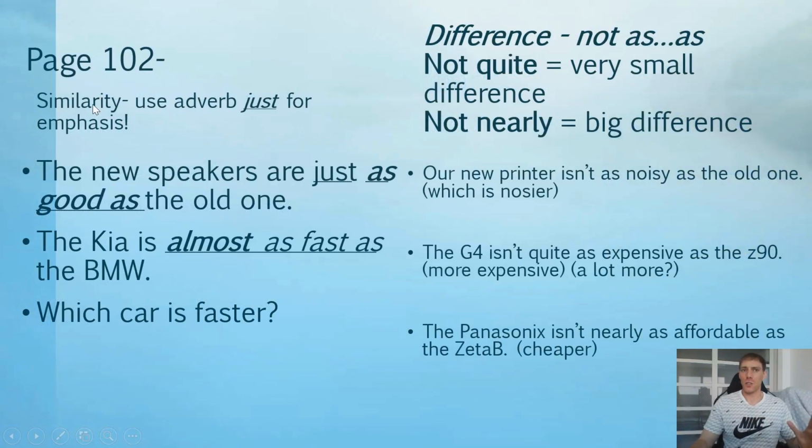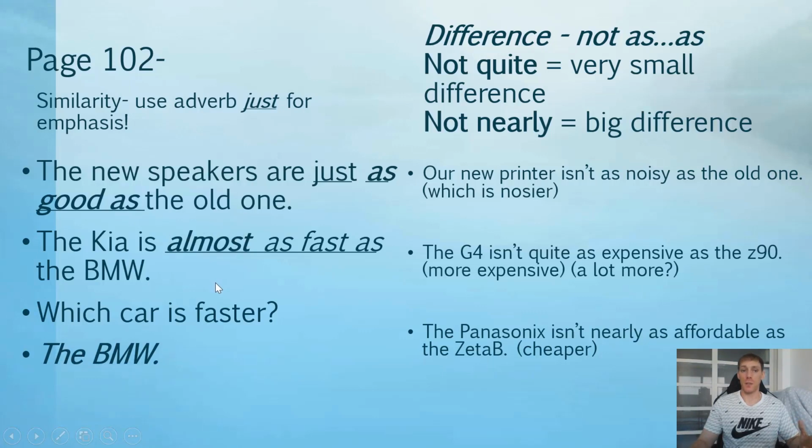Now on page 102, the grammar said that the adverb just is for emphasis. There's no meaning. So the new speakers are just as good as the old ones. That means the two speakers are the same. In this case, the gear is almost as fast as the BMW. This time, if you remember, almost means there's a difference. Which car is faster?